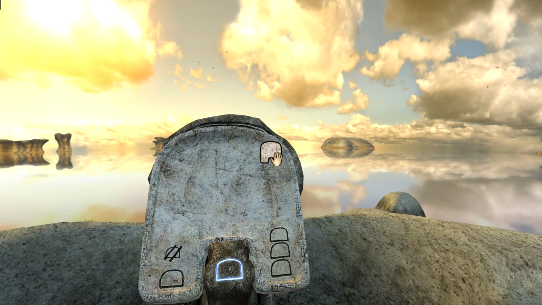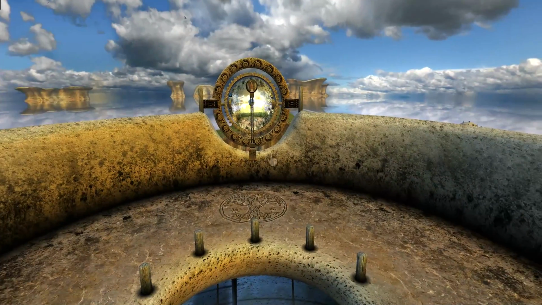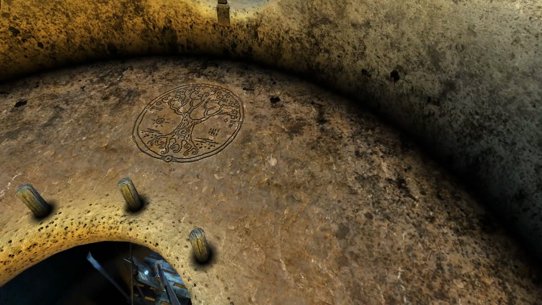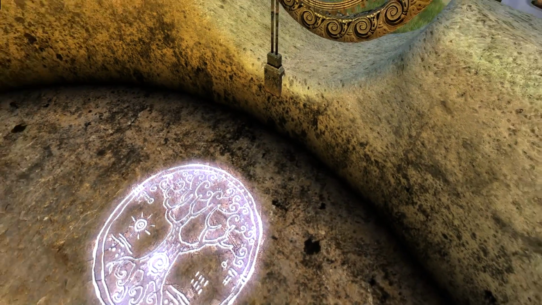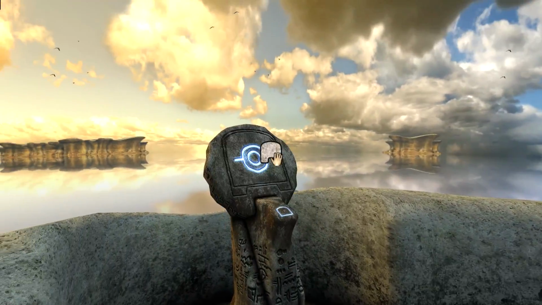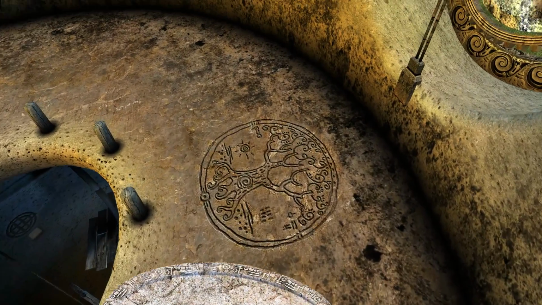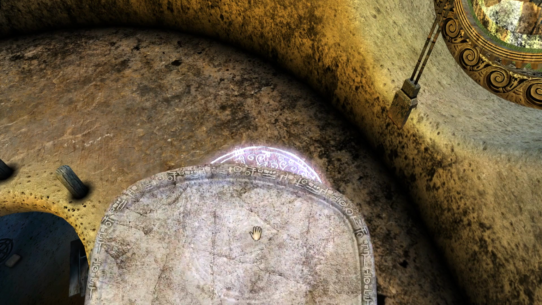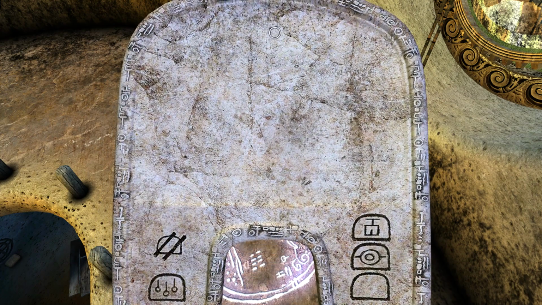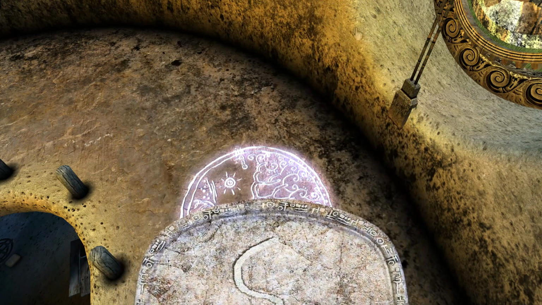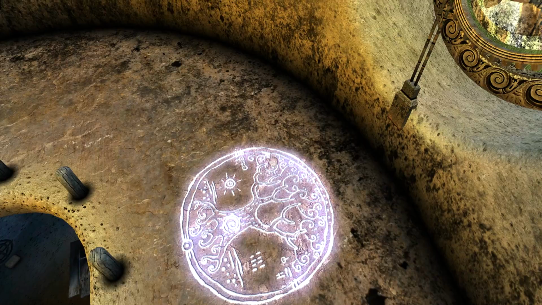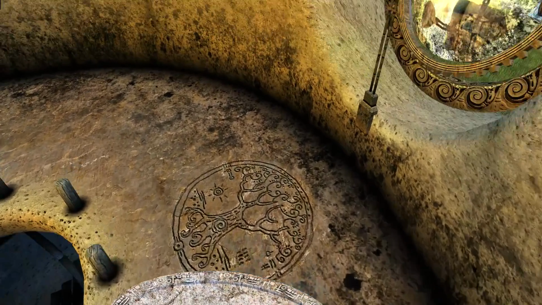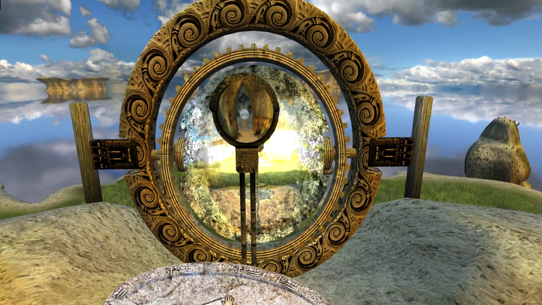Ta-da! I don't know if that'll help me activate this. Oh, gotcha. This is where I'm supposed to use the snake symbol. Oh, he places it right where he's standing. I gotta stand right on it.